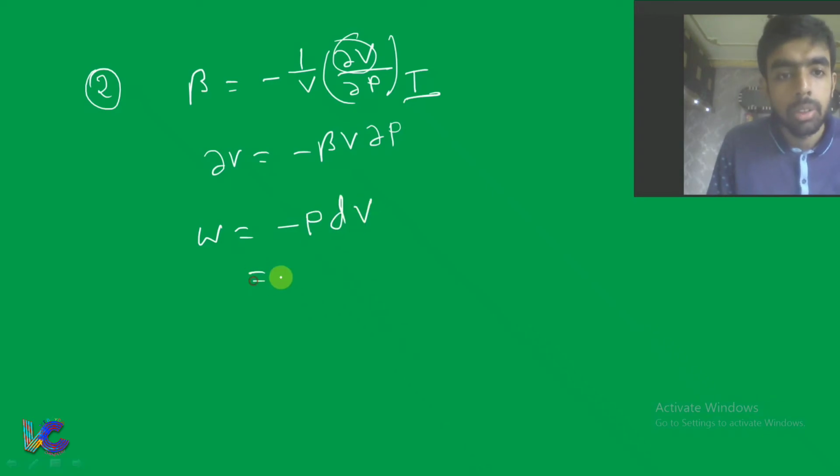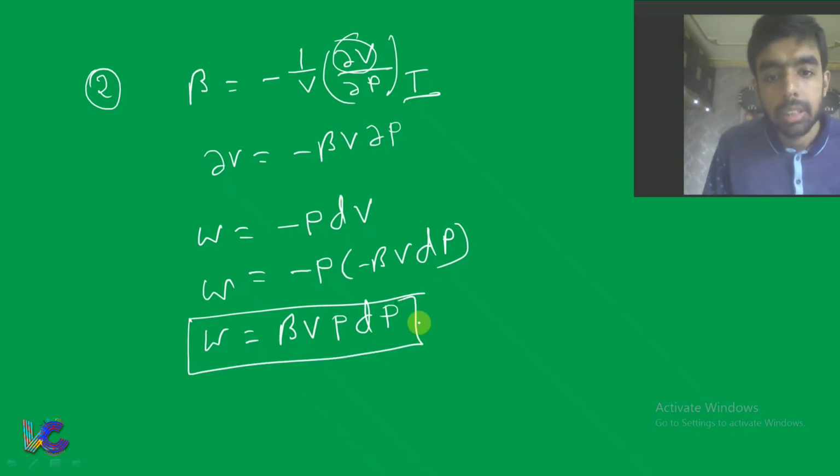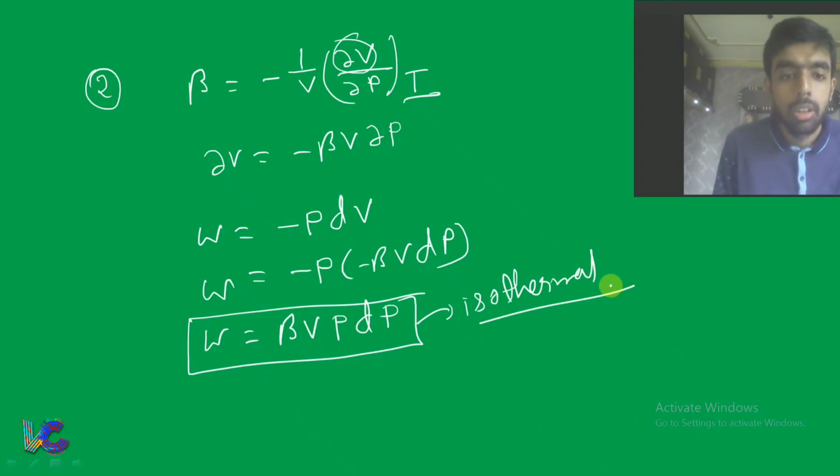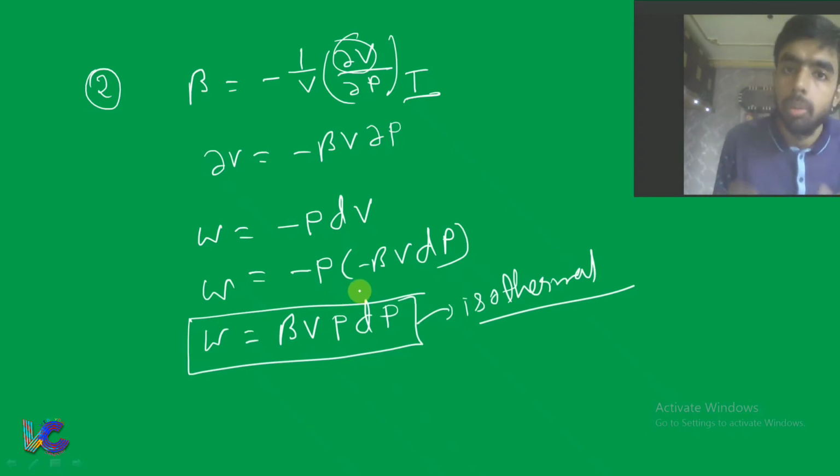So you can write minus P times minus beta V dP. So work is beta V P dP, and the condition is isothermal because the temperature is fixed. So from the value of beta you can calculate the value of work. This is one of the importances of beta.